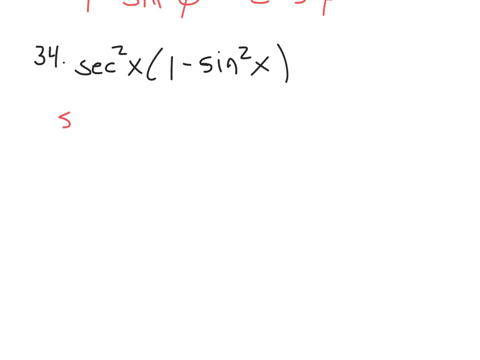But if we distribute this, we got secant squared of x minus sine squared of x times secant squared of x. And now I am going to change the secant squared here to cosine squared. So then I'm going to leave this one alone.